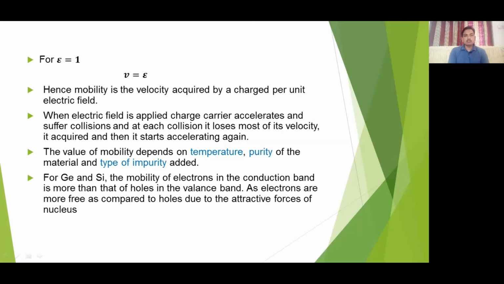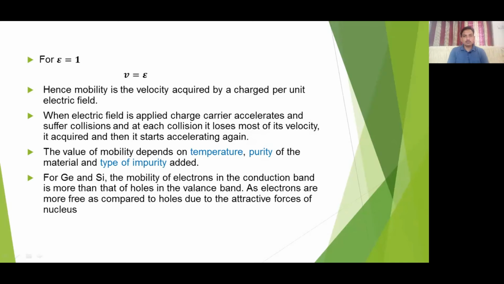For germanium and silicon, the mobility of electrons in the conduction band is generally more than that of the holes in the valence band. It is a well-known fact that electrons are more mobile as compared to holes, which exist in the valence band. This can be thought of as the valence band being close to the nucleus, so the attractive force due to the nucleus on the holes is greater as compared to that on electrons, which are at a higher energy state, away from the nucleus.